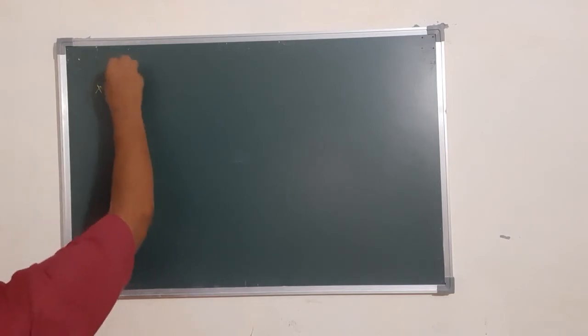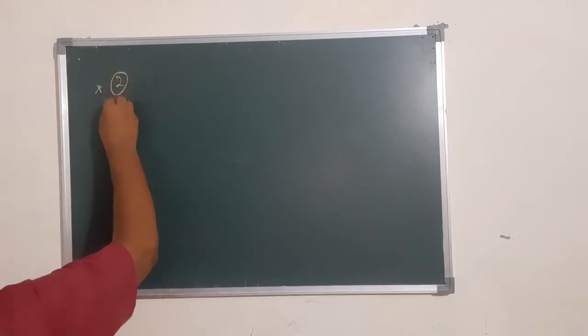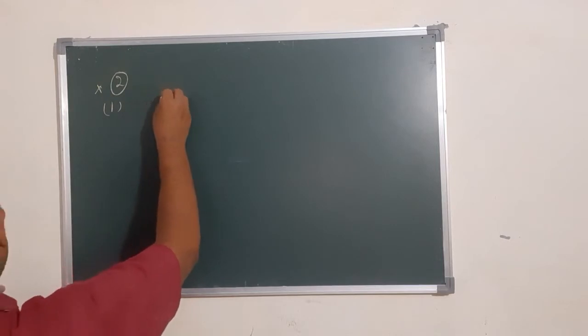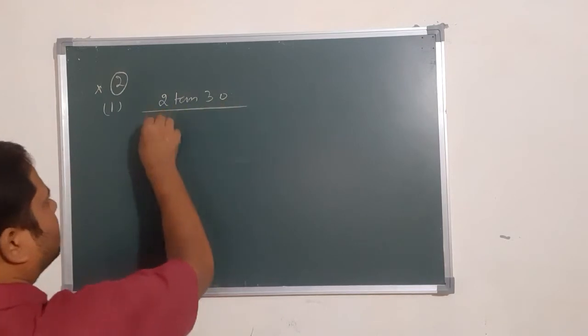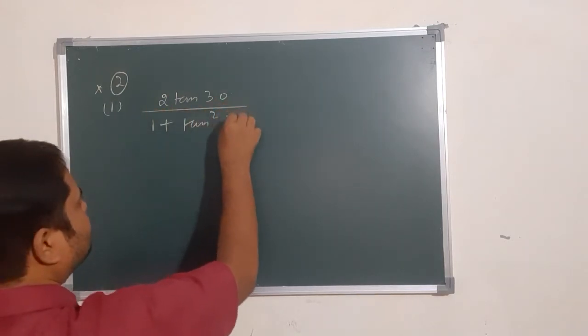Question number 2, first part, 2 tan 30 divided by 1 plus tan square 30.